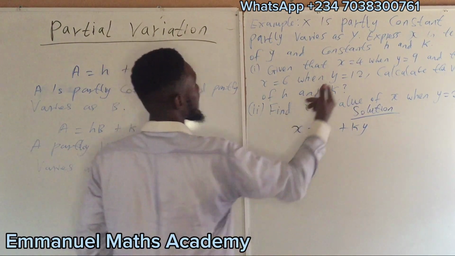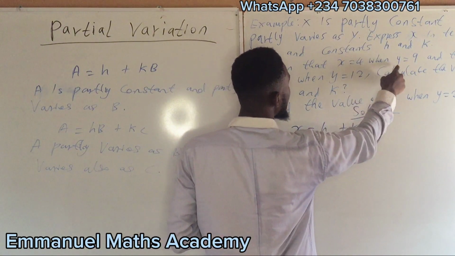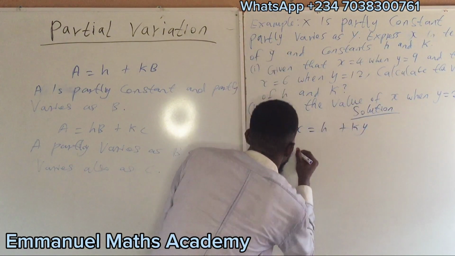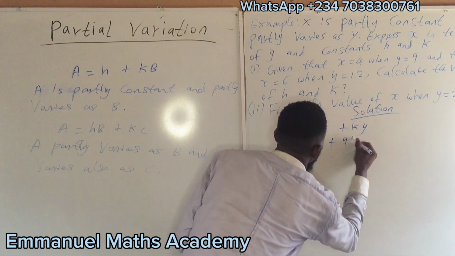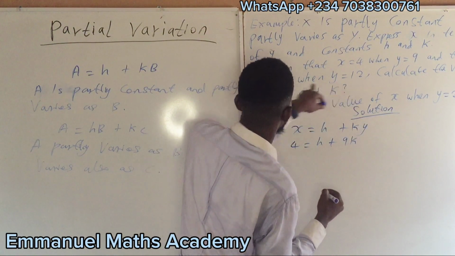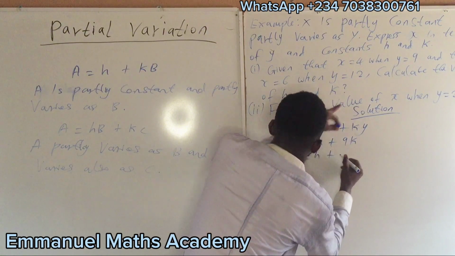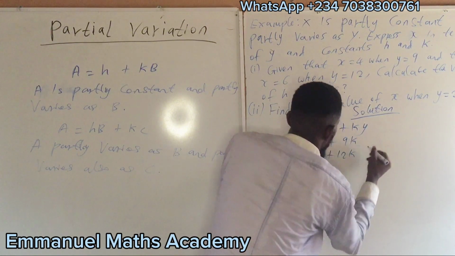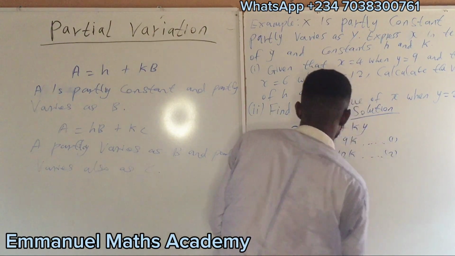Now, X is 4 when Y is 9, which means 4 equals H plus 9K. And X is 6 when Y is 12. So this is your equation 1, and this is your equation 2.